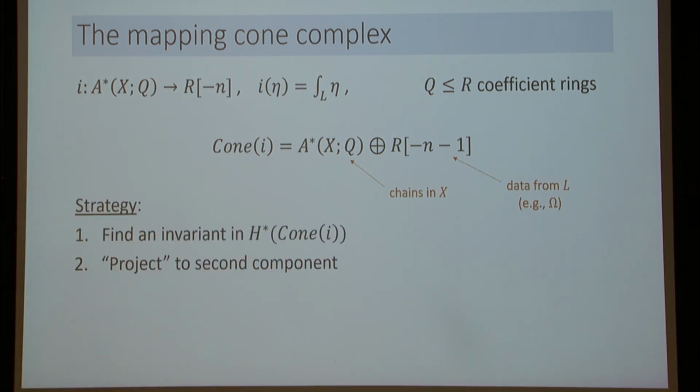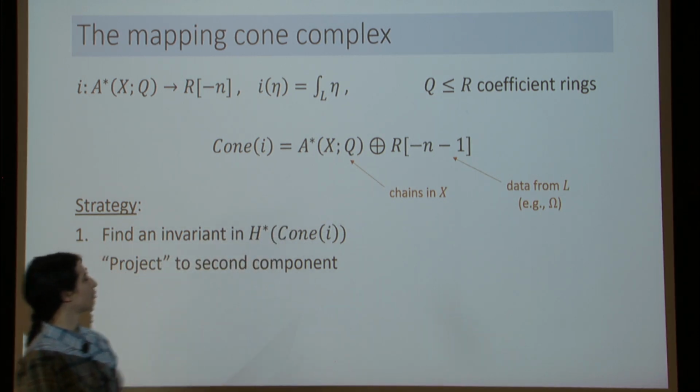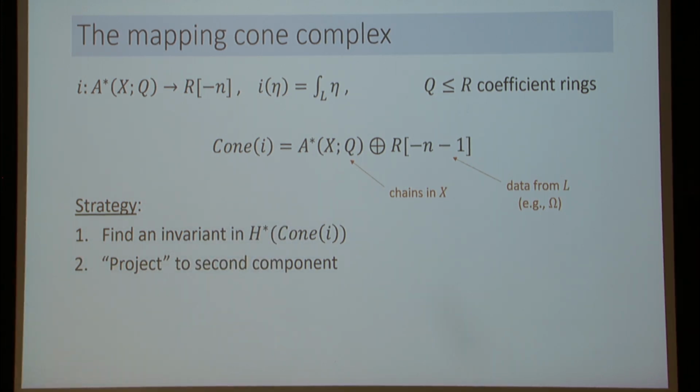So the strategy to define those things is, let's find first of all something that's invariant in the cone, or rather in the cohomology of the cone, and then project this back to the coefficient ring so that we get back some data that has to give us back information. At the end of the day, we want numbers, we want information about the disks. So we start with something that's invariant in the cone, and then we project it.